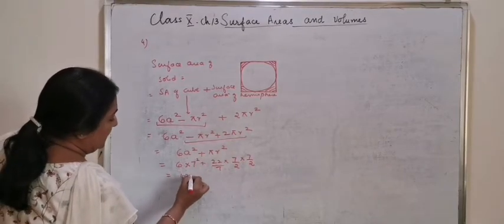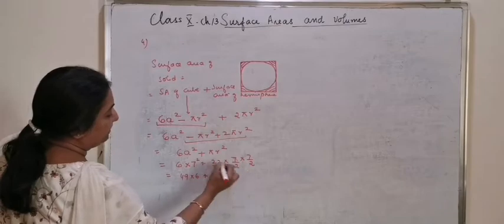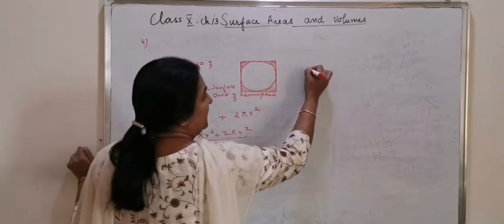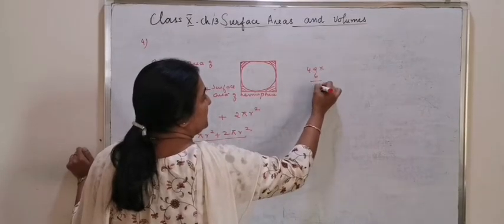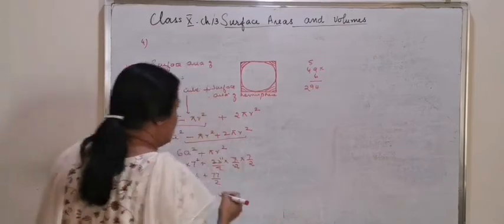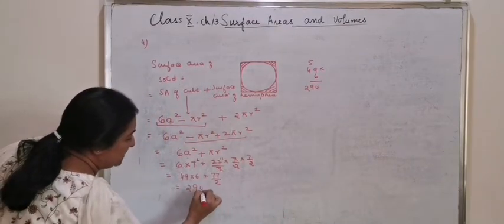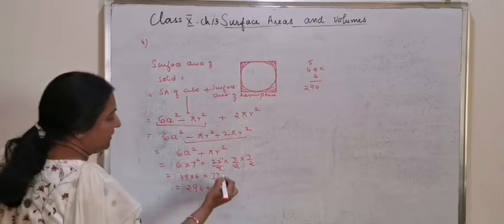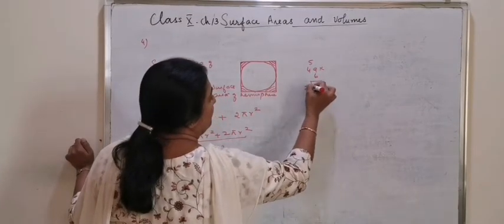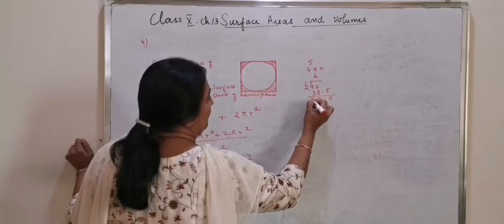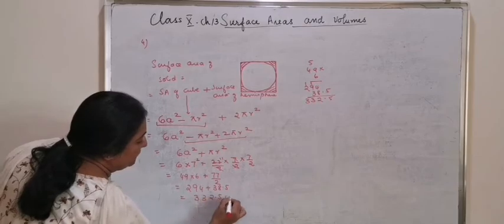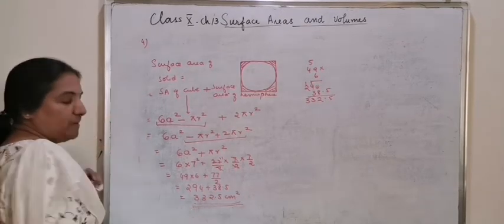So 49 into 6 plus 77 by 2. 49 into 6: 9 6s are 54, 5, 24 plus 5, 294, plus 38.5, is the same as 332.5 centimeter square.